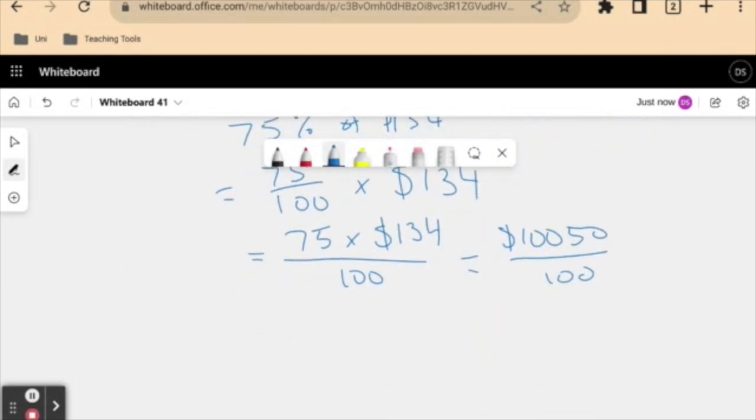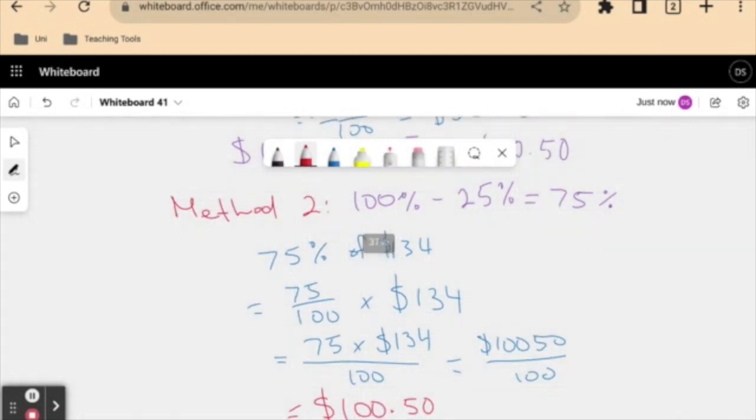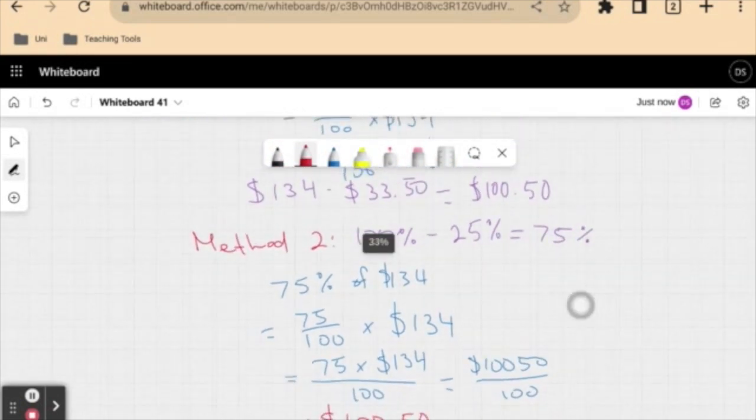And when we divide by 100, we will just move our decimal place 2 points to the left, and lo and behold, that gives us the exact same answer as before. It gives us $100.50, which is exactly what we got using method 1.